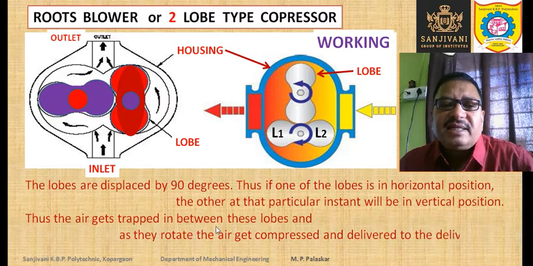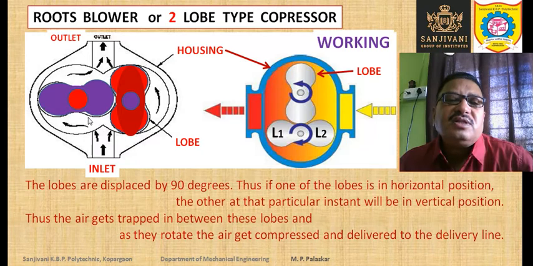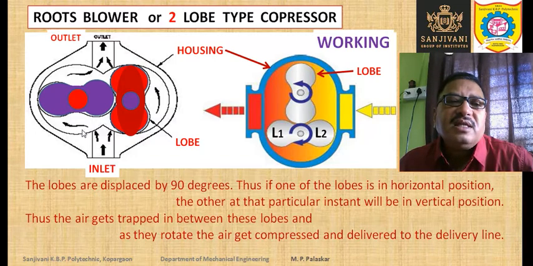So the air gets trapped in between these lobes, and as they rotate the air gets compressed and delivered to the delivery line. So as these two rotors rotate, the air will get compressed and the space will move from the inlet portion to the outlet portion in a circular form like this.